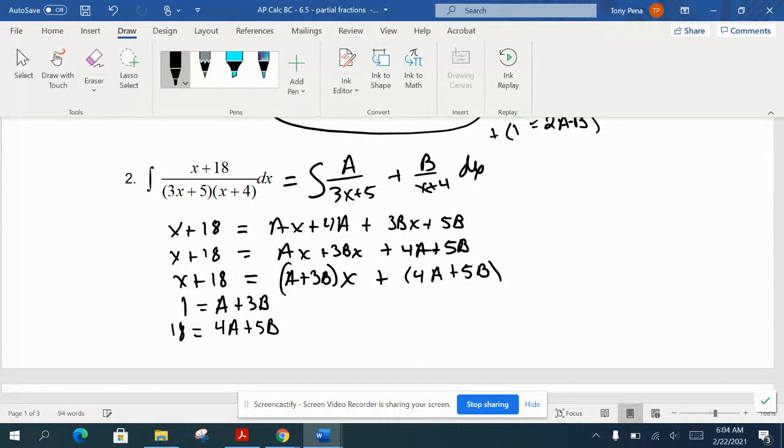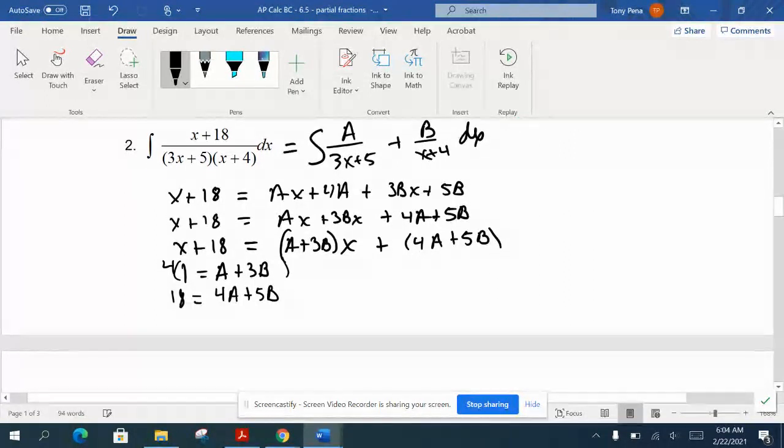Solve that system however you prefer to solve a system. I'm going to multiply this one by 4 so I can get rid of the A's. Oh, running out of room here. So I'm going to do this over here. So I'm going to get 4 equals 4A plus 12B.